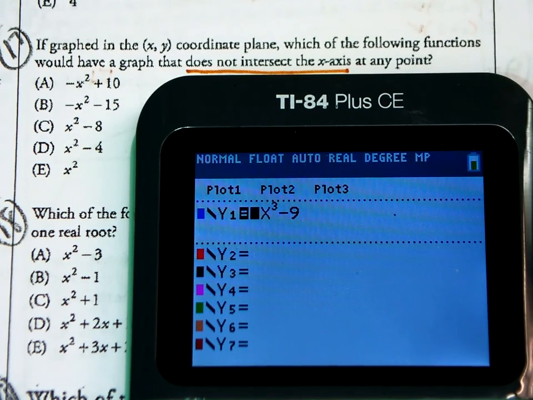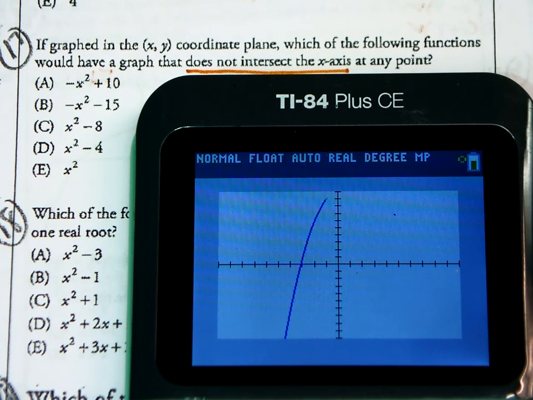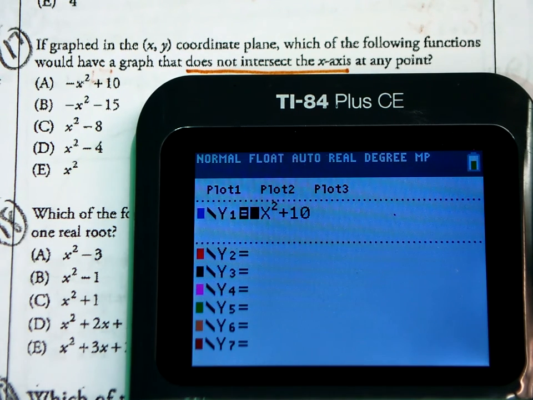You can type it in your calculator and you don't even have to think of it. So I'm going to do negative x squared plus 10. Graph. I see that it obviously crosses the x-axis, so we know that A is out. Negative x squared minus 15.